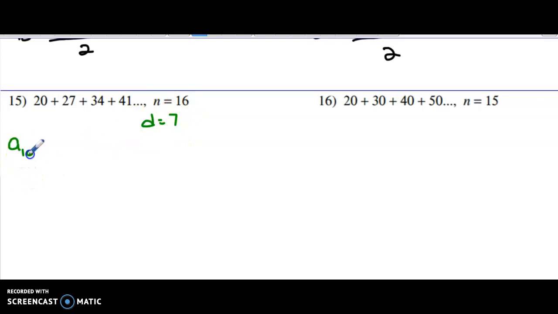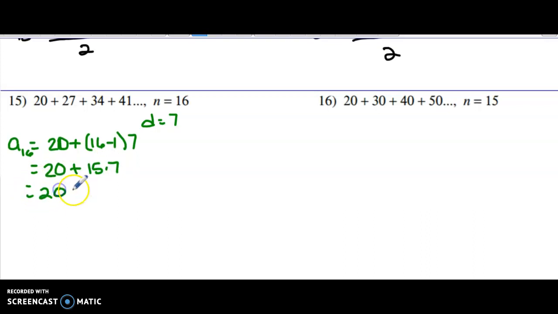So a sub 16 is equal to a sub 1 plus n minus 1 times d. So that's going to give me 20 plus 15 times 7, which gives me 20 plus 105, which is 125. So that's my a sub 16 value.